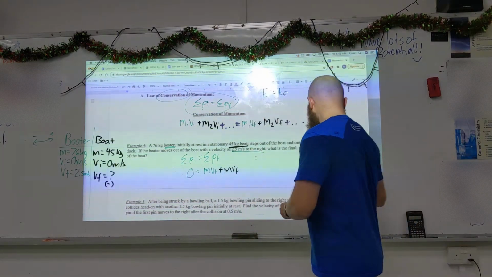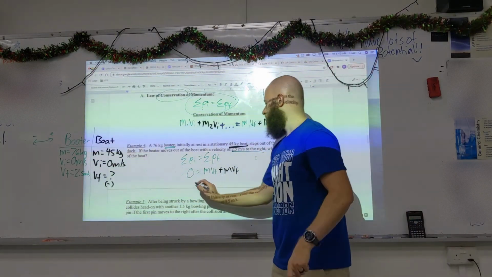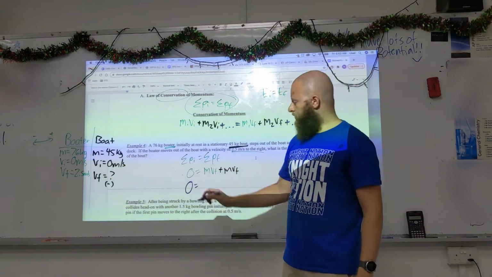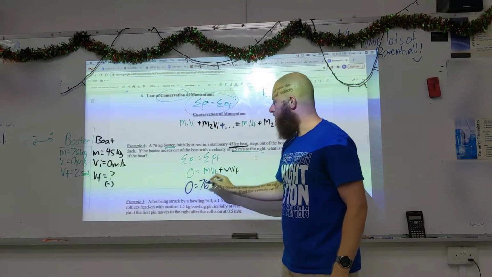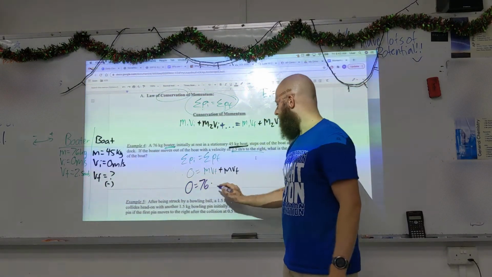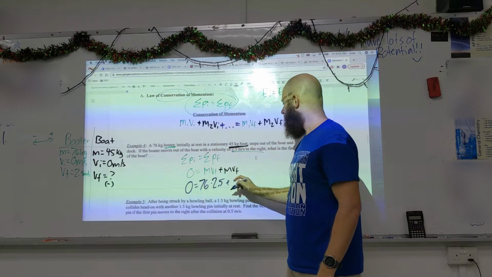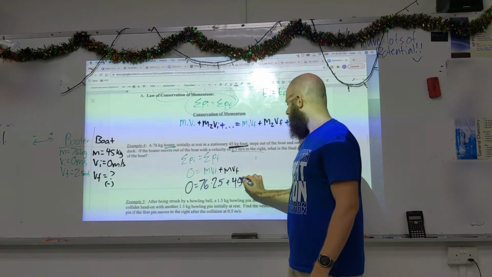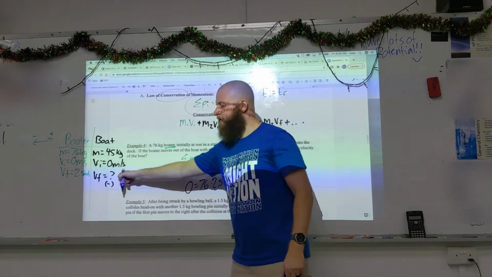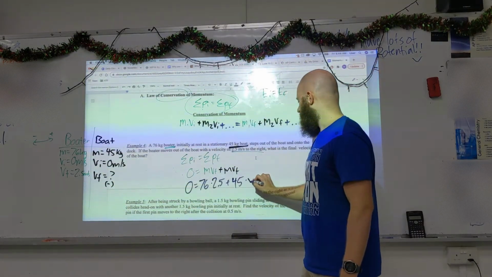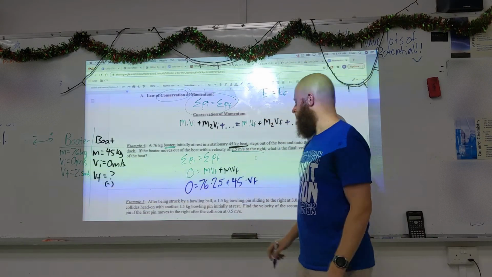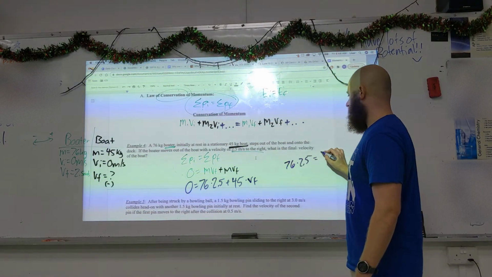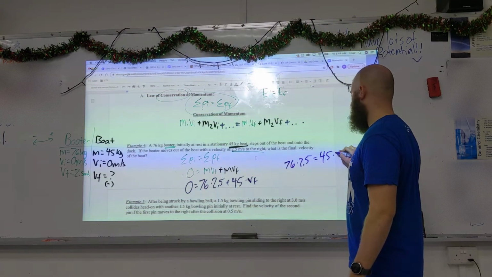We got 0 equals m, the mass of the boater is 76, times 2.5, plus the mass of the boat is 45, times what's the final velocity? Oh yeah, that's what we're looking for, right? Times vf. So I need to subtract this to the other side. So I have 76 times 2.5 equals 45 times vf.